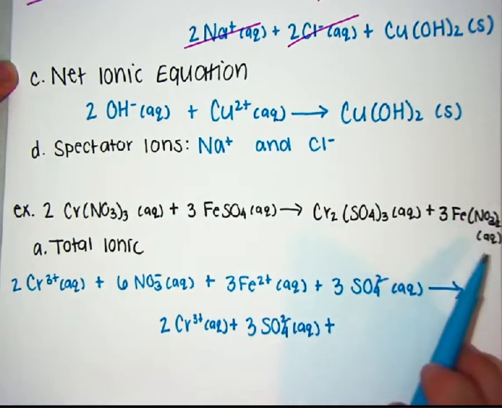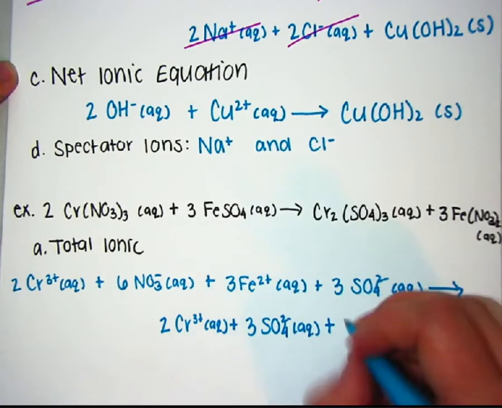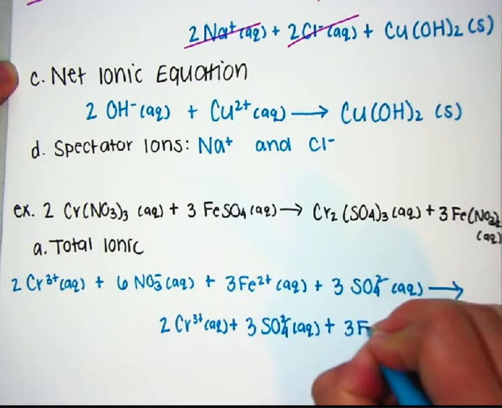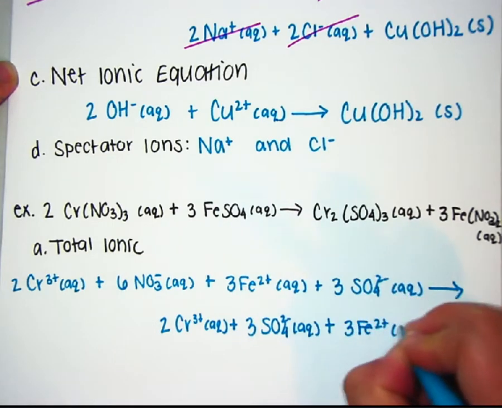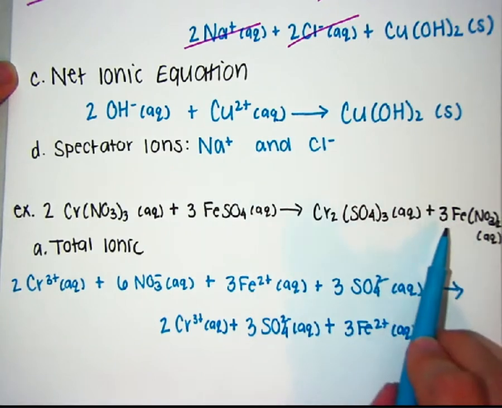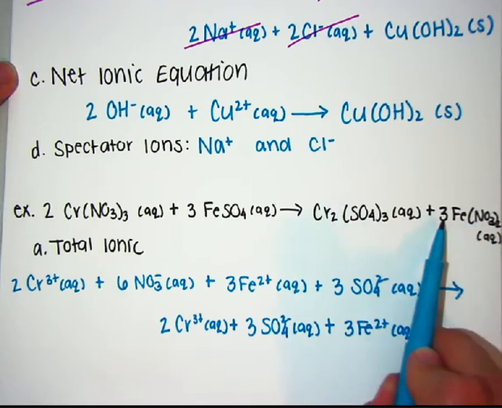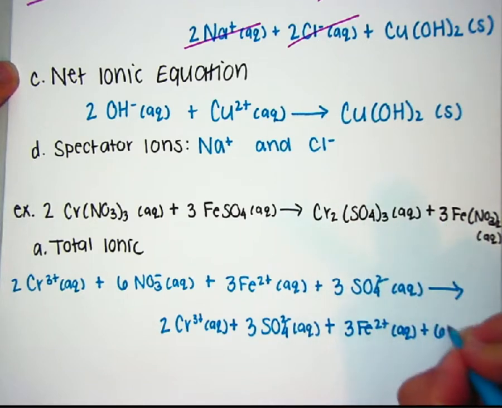Iron 2 nitrate is also aqueous, so we're going to break it up: 3 iron ions, and then again, be careful when you're counting your ions. 2 nitrates times 3 would give me 6.